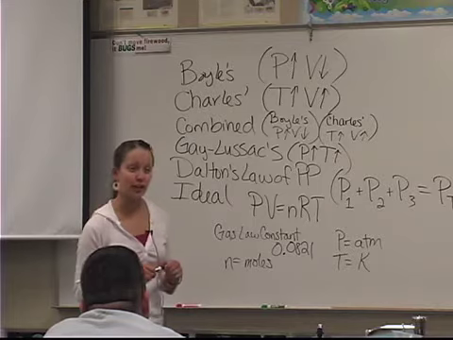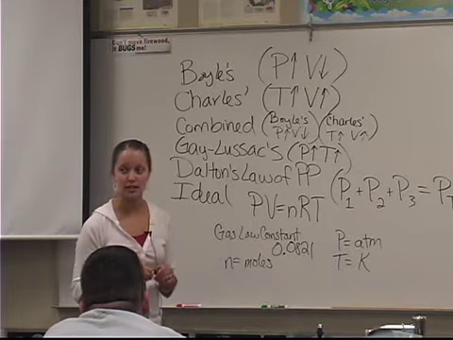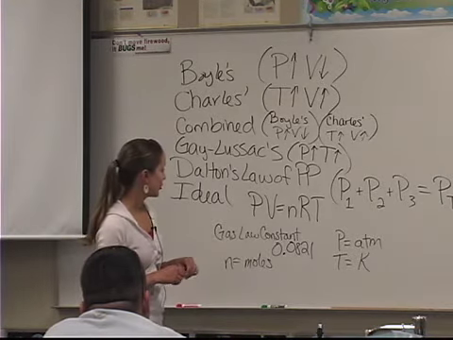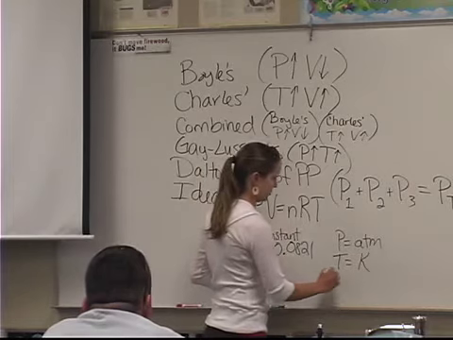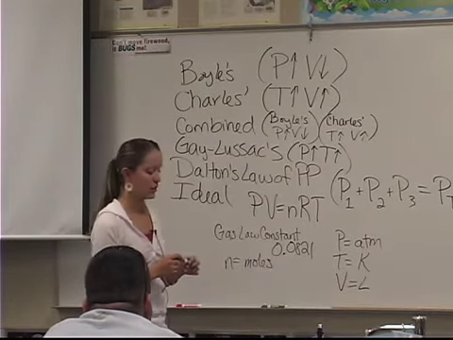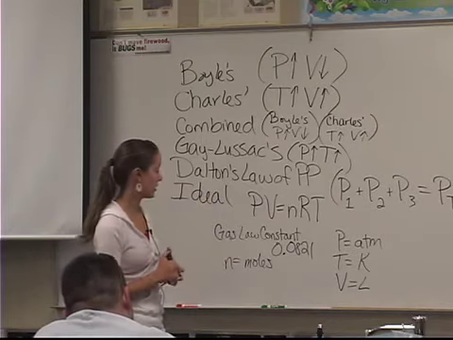If you were given a Fahrenheit temperature, first you'd have to convert to Celsius and then do the 273 to get to Kelvin. Volume is in liters. So if you have milliliters, you just change that to liters.